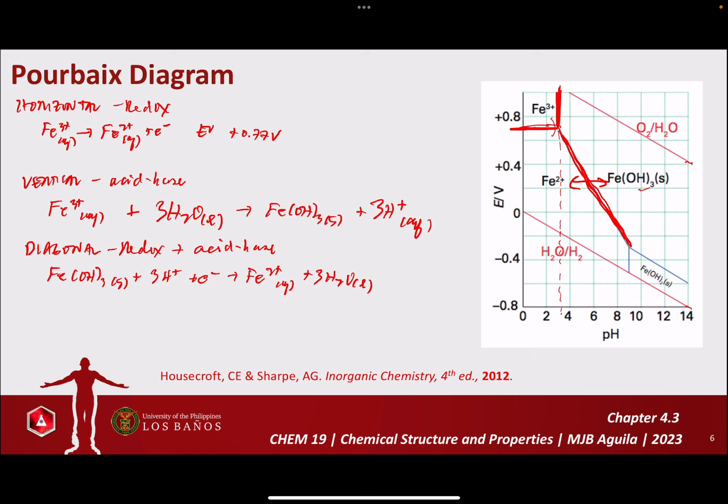So this region or that sloping line, you can actually use the Nernst equation to determine the potential.